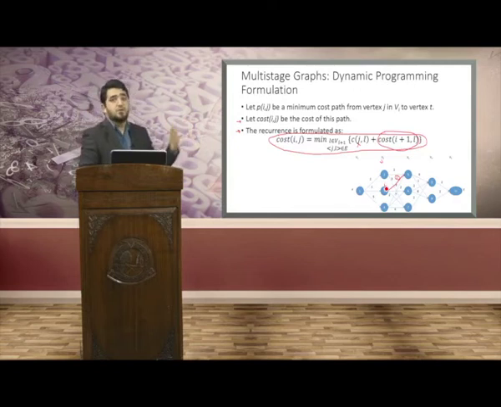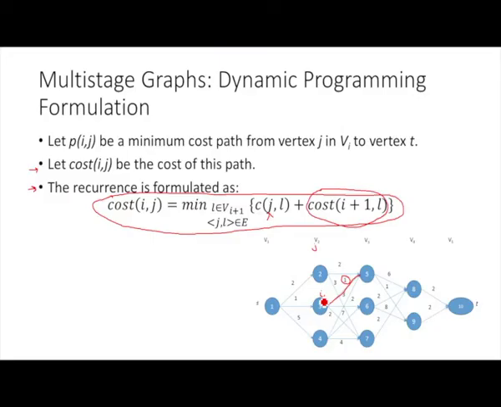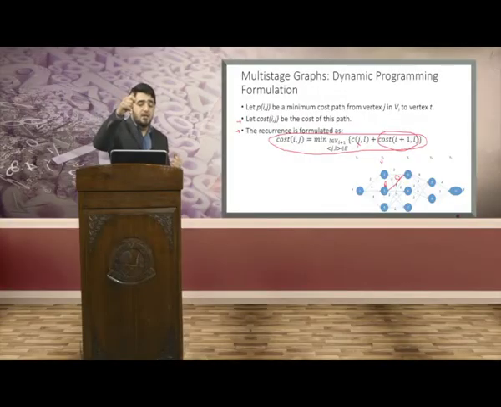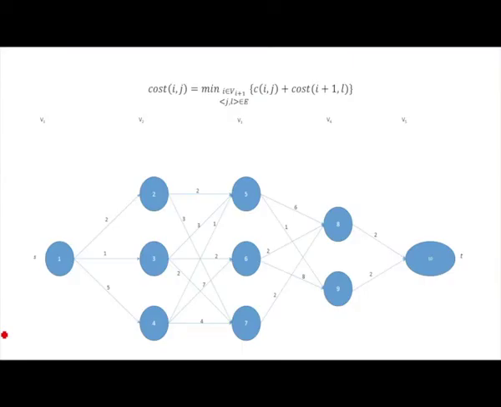The cost of selecting a particular node j in stage I can be obtained by taking the minimum of the sum of the edge from that node j to a node in the next stage, plus the cost that will be incurred in selecting that next node in the next stage for going to the final node in the last stage.